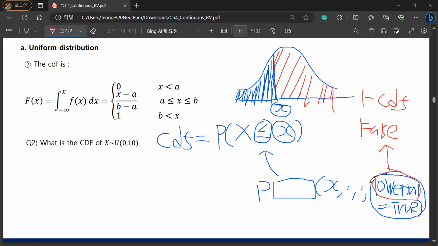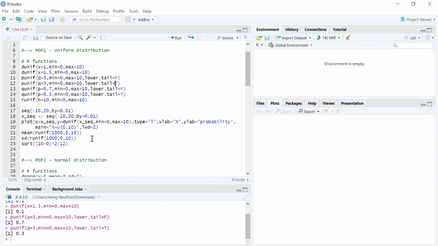So you always have to notice the relationship between the CDF value and the p function or the lower tail option simultaneously, so that you can solve any problem as the problem requests. We already know how to use the p function with the lower tail option from last week, so there will be no difficulty in using this kind of function for the uniform distribution.